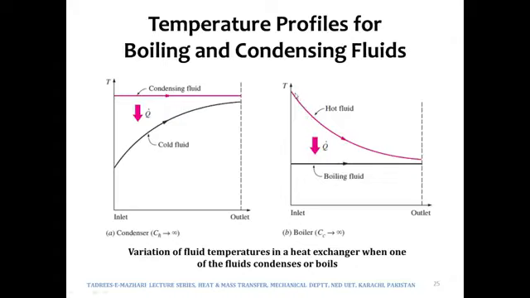Therefore the temperature of the combustion gases will continuously go down, whereas the temperature of water or the boiling fluid will remain constant. So the temperature profiles of both the fluids may change, whereas temperature profile of one of the fluids may remain constant in the case of phase change process.